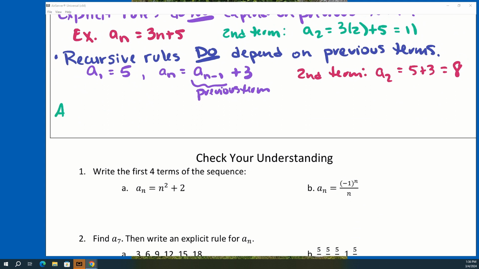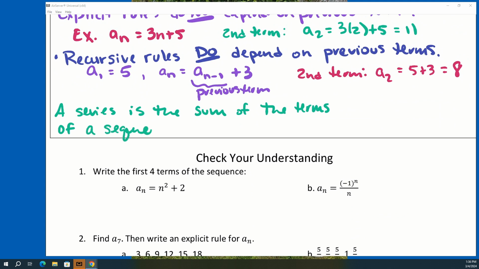So a series is the sum of the terms of a sequence. And you guys might remember summation notation.